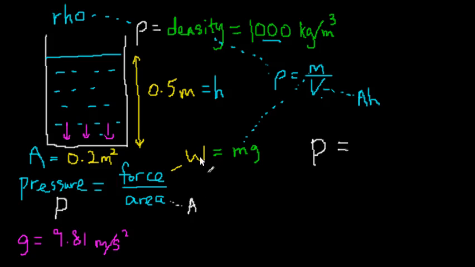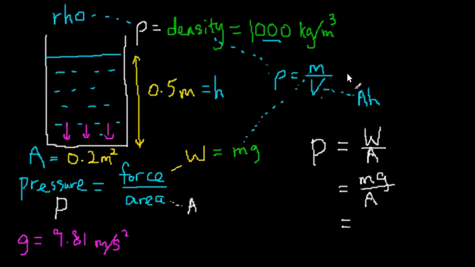So pressure is force over area. Force is the weight, so it's the weight over the area. And the weight is mg. So mg divided by the area. What is m? We'll come back to this formula.